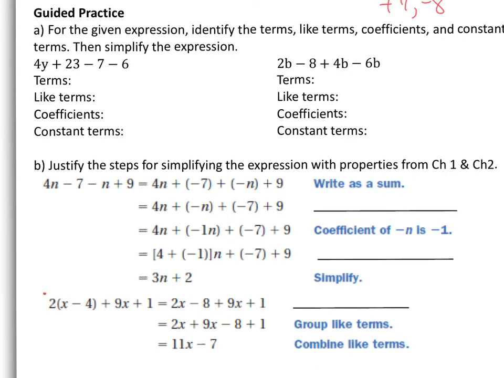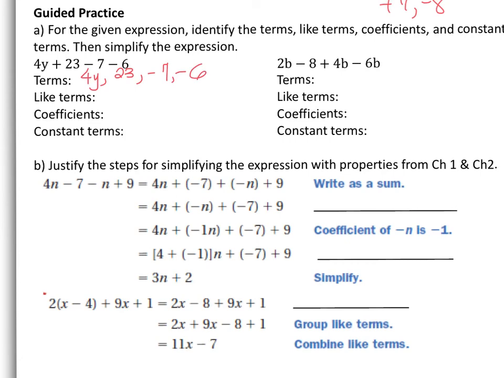Guided practice, Part A. For the given expression, identify the terms, like terms, coefficients, and constant terms. Then simplify the expression. So here, our terms will be 4y, positive 23, you don't have to write the positive in the front, negative 7, negative 6.